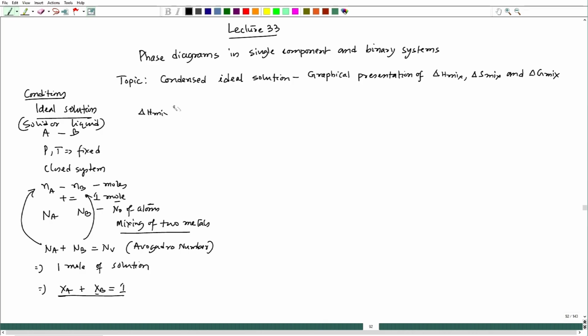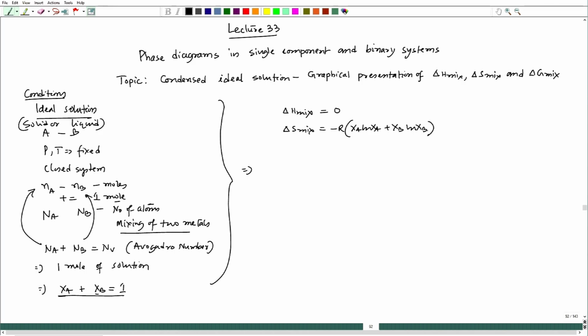So, with these conditions we have found the following expressions: del H mix equal to 0, del S mix equal to minus R (Xa ln Xa plus Xb ln Xb), and then del G mix equal to del H mix minus T del S mix, that yields me RT Xa ln Xa plus RT Xb ln Xb.